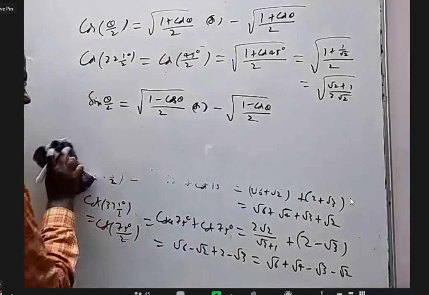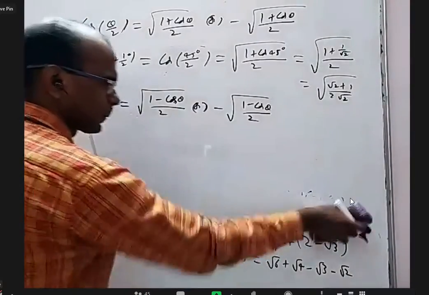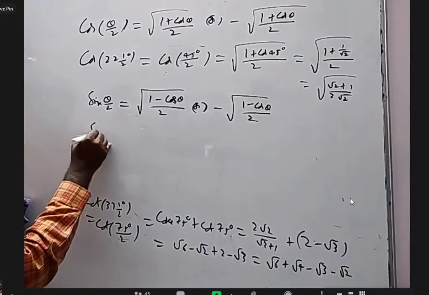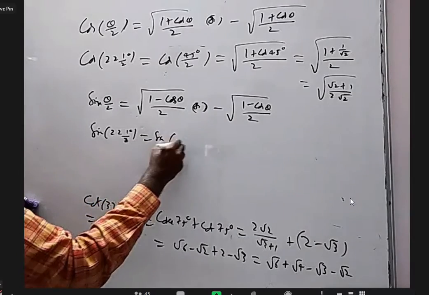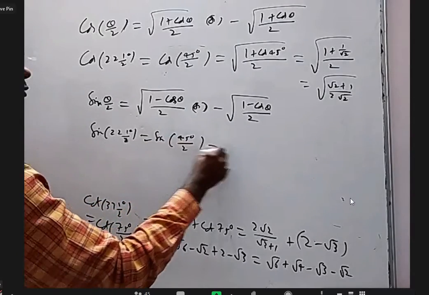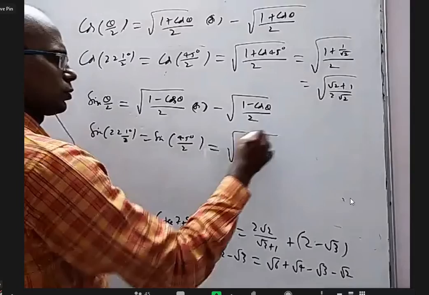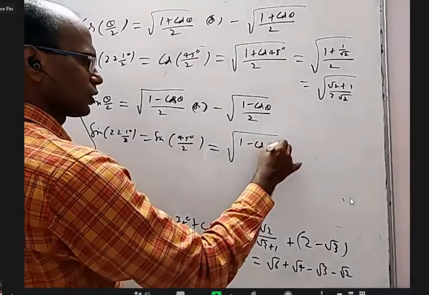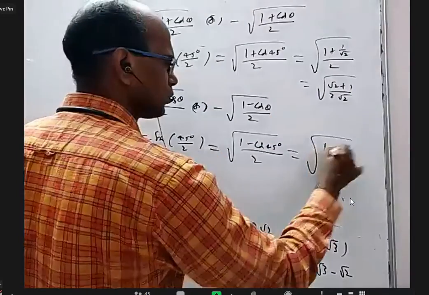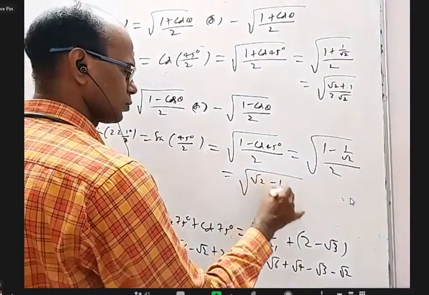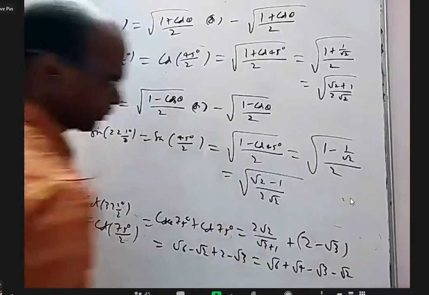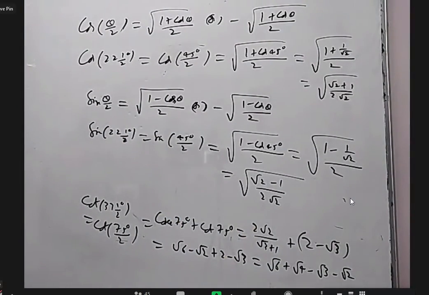In this, if you put 22.5, sine 22.5 degrees is sine 45 degrees by 2, which is root over (1 minus cos 45) by 2, that is (1 minus 1 by root 2) by 2. If you rationalize inside the root, we get root 2 minus 1 by 2 root 2.